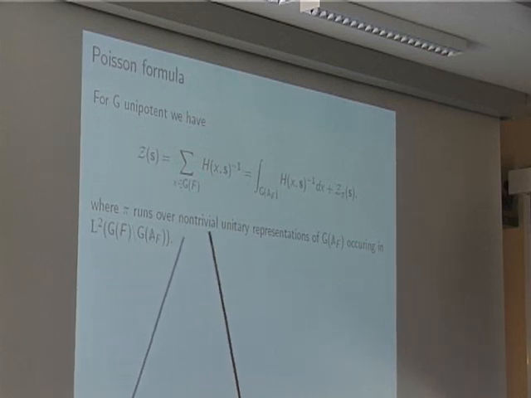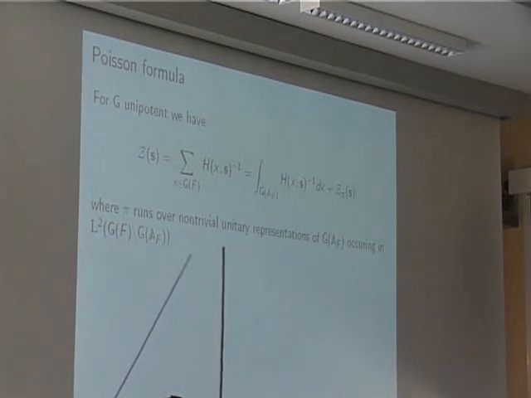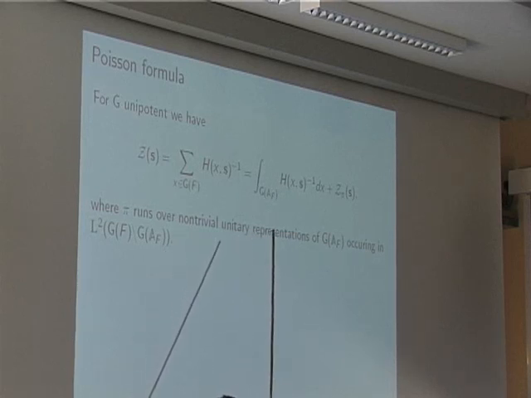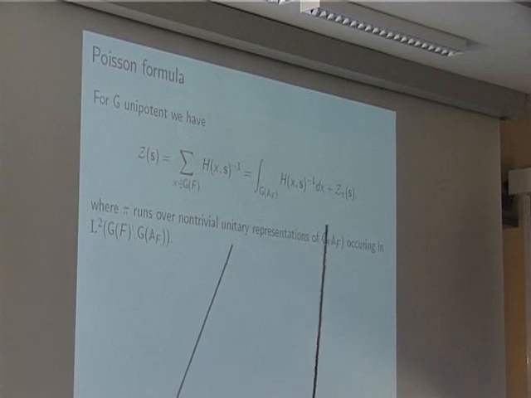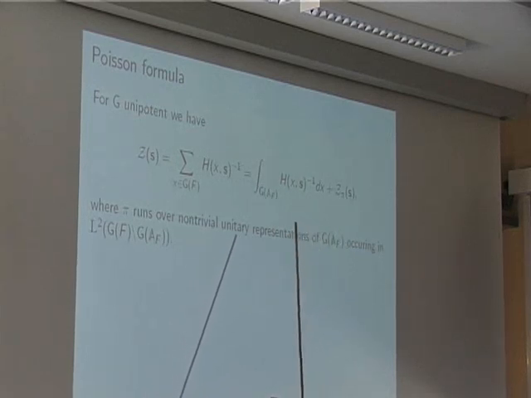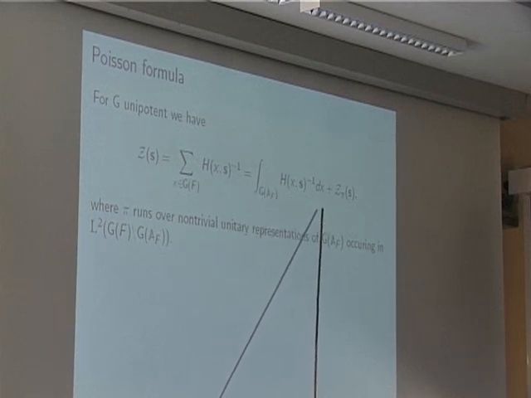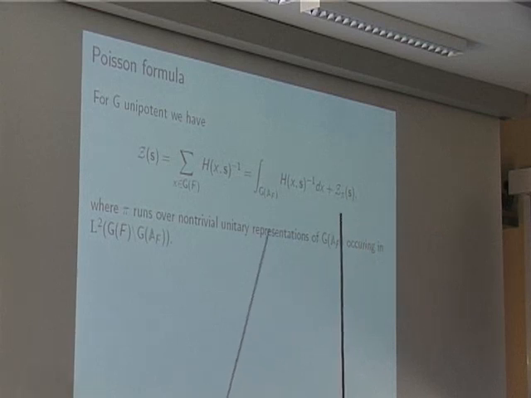And in general, we may even have infinite dimensional unitary representations occurring in this space. But there's always one representation in the spectral expansion that's relevant and of interest to us, and that's the trivial representation. So I write down the contribution from the trivial representation, and then there will be a tail which we'll have to analyze.